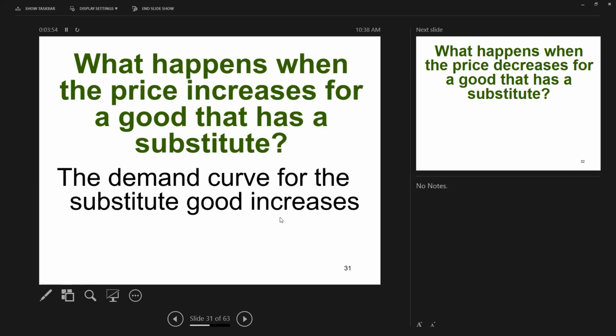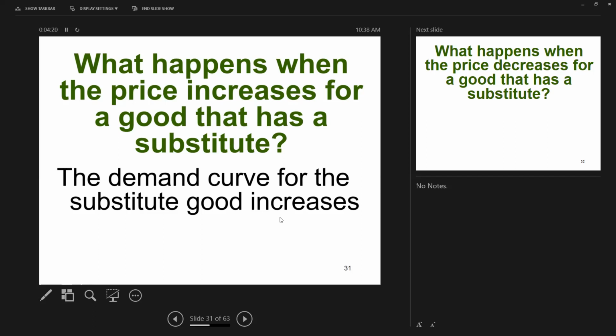If the price of Pepsi goes up, demand for Coke goes up. And you can see this if you go to Walmart. If Pepsi has an increase in their price, then the Pepsi rack is full and the Coke rack will be empty. If Pepsi dropped their price, if Pepsi went on sale, then you would see the Pepsi rack is empty and the Coke rack is full.